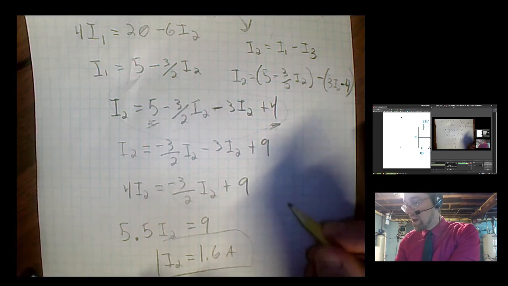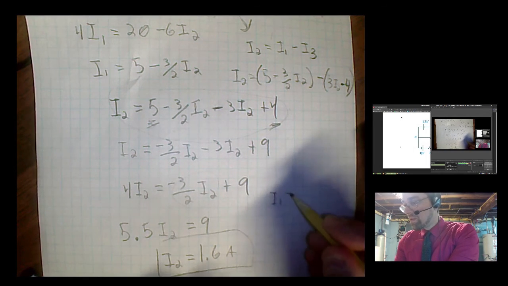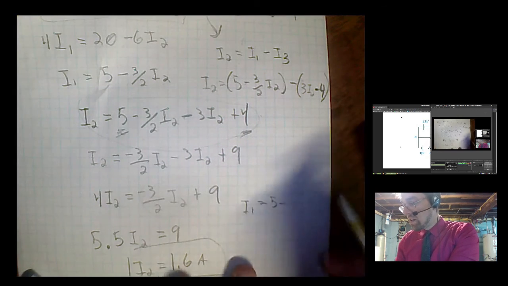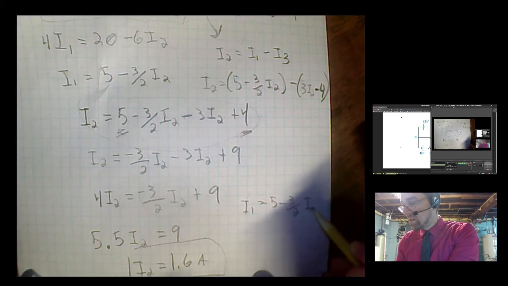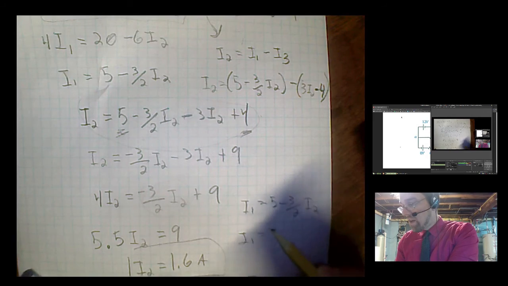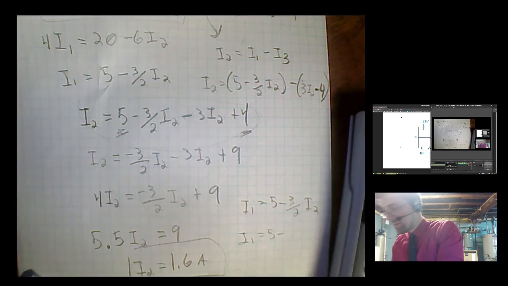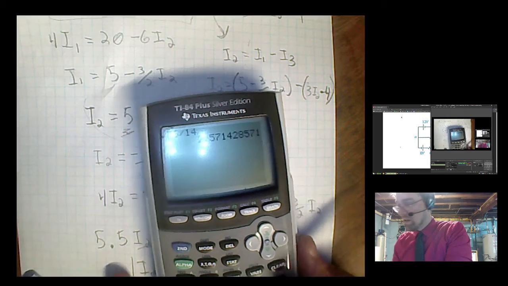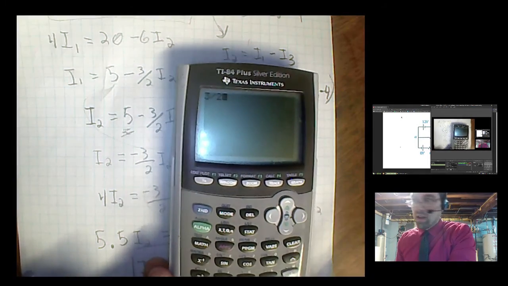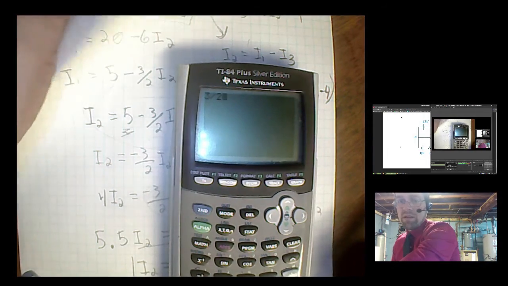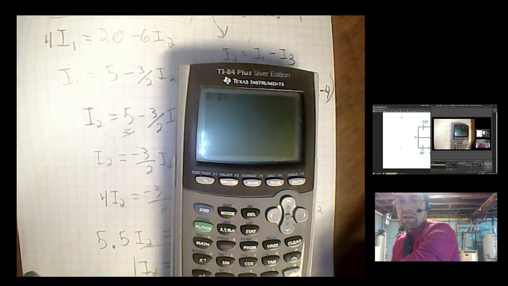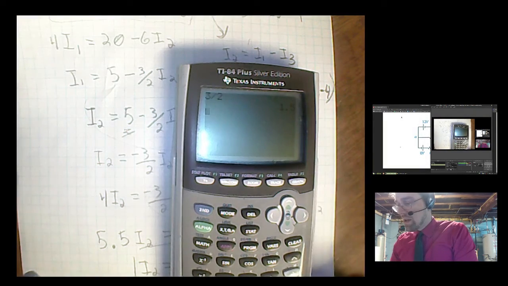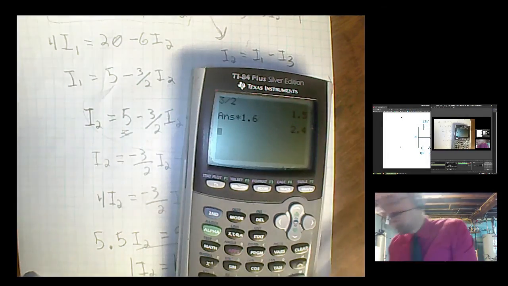So then we said I1 was 5 minus 3 halves I2. So I1 equals 5 minus 3 halves. Bad glare. Three halves I2, 2.4.